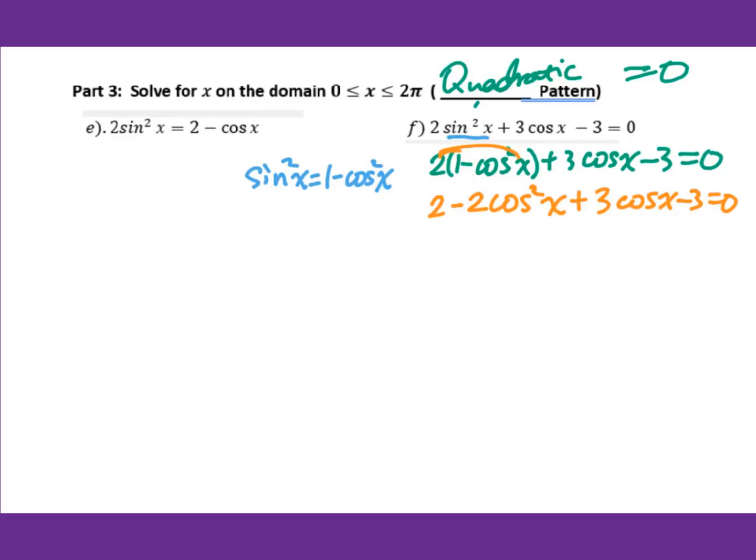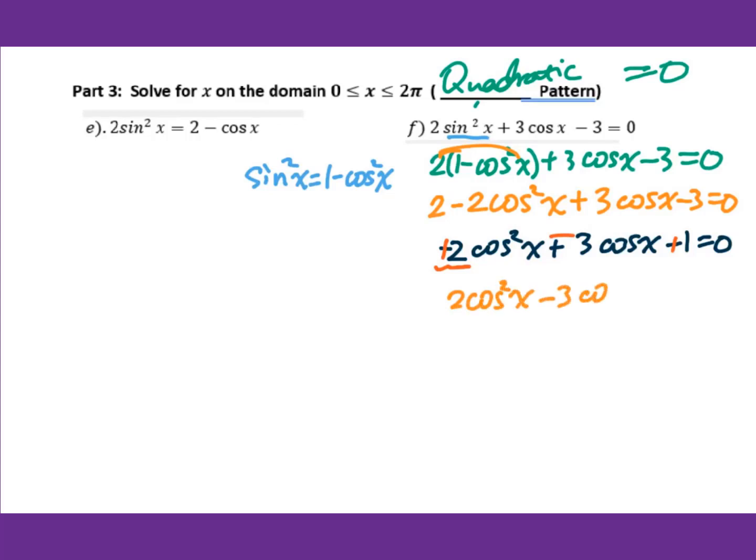Combine like terms, we got -2 cosine square x plus 3 cosine x minus 1 equal to 0. Make sure the a, that means the coefficient for cosine square x, is positive. That's why I change sign. This is positive, negative, positive. I can get 2 cosine square x minus 3 cosine x plus 1 equal to 0.